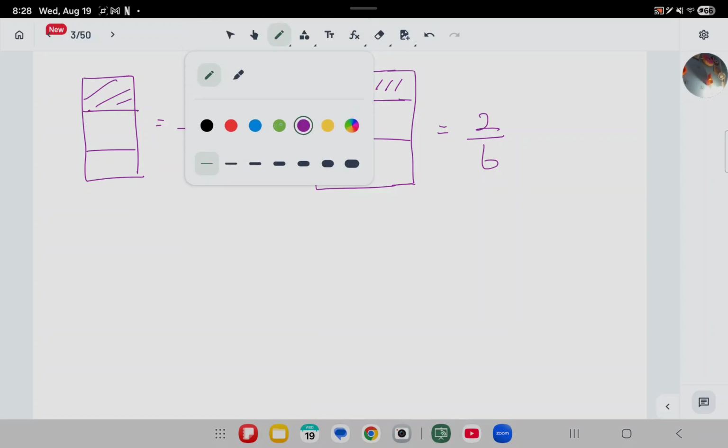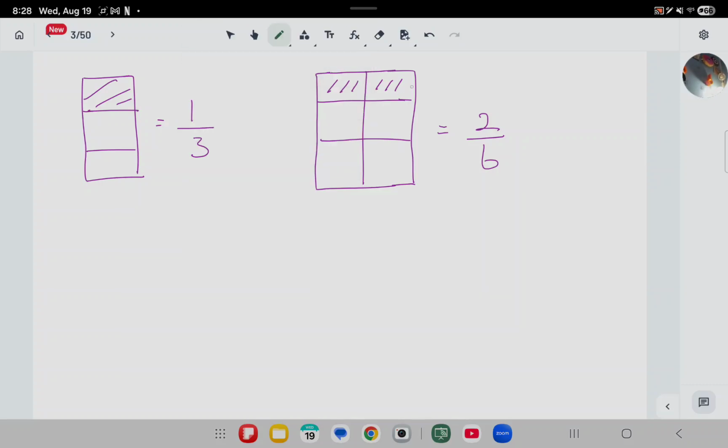This here also represents 1/3, because if we look at it here, this is a third, this is another third, this is another third. So 3/3 give us 1 whole. So this is 1/3, 1/3, 1/3. So we shaded 1 out of 3 parts.